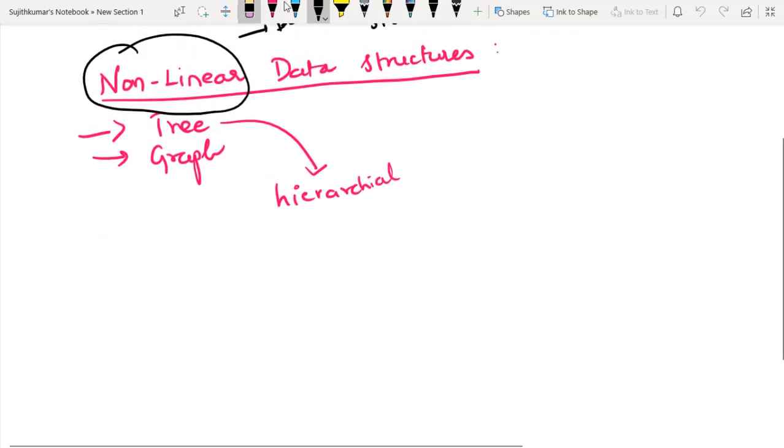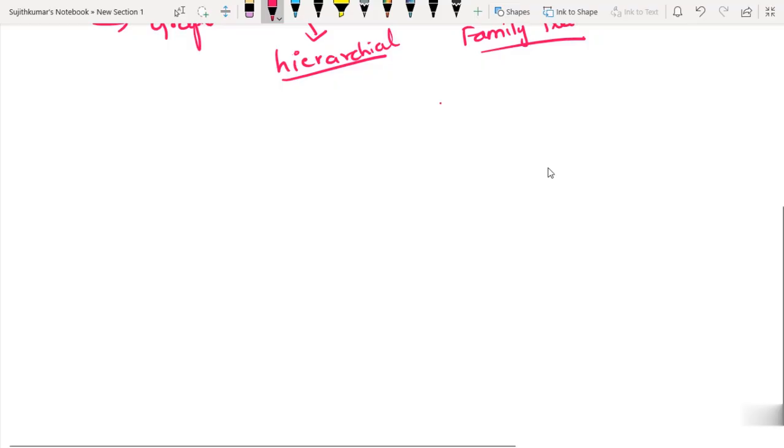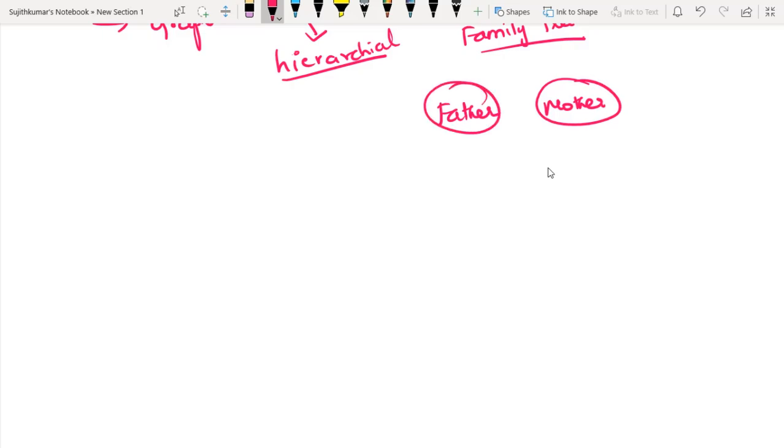What do you mean by a hierarchical data structure? Consider a family tree. You have a father and a mother, and both give birth to a child, and this will go on like that.